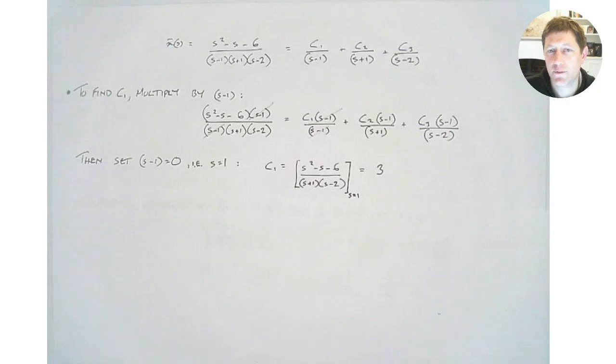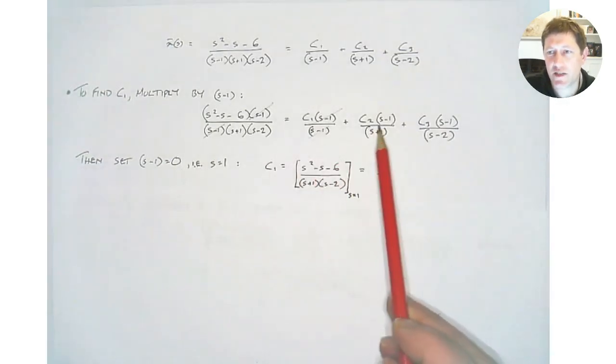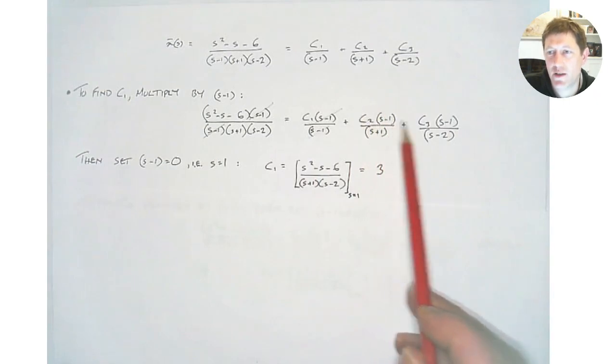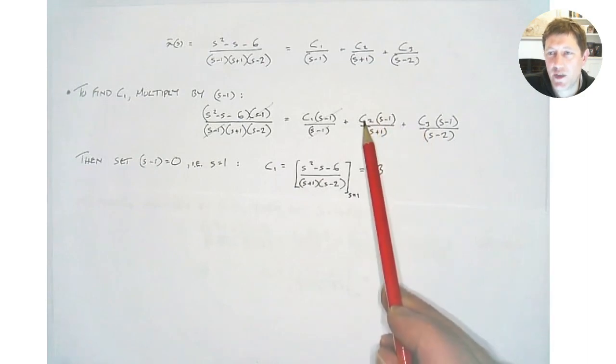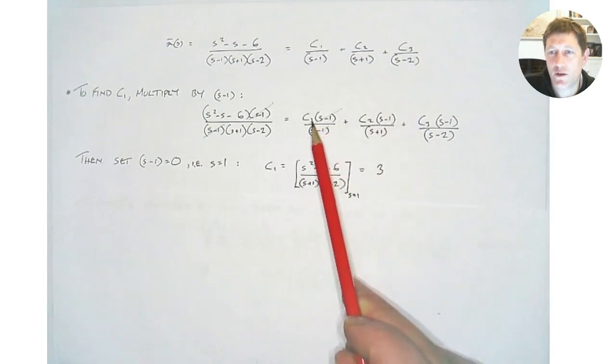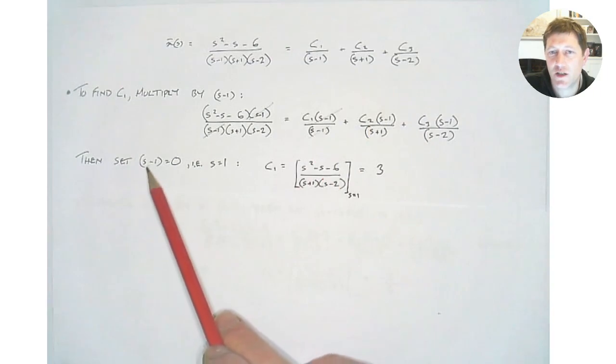So what we want to do is set s minus 1 equal to 0. This is the trick. If s minus 1 is 0 here and here, that will eliminate C2 and C3. So we can get rid of two of the unknowns and we're left with one equation with one unknown, C1. So we're eliminating the unknowns by judicious selection of a value for s.